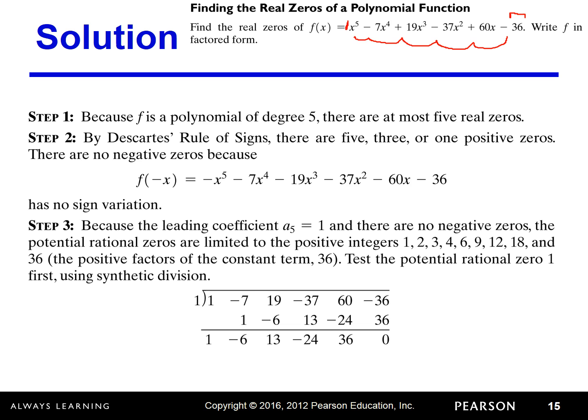In other words, if you're going to find your p's and your q's and your p over q's, and q is just 1, then it's just all the p's basically.